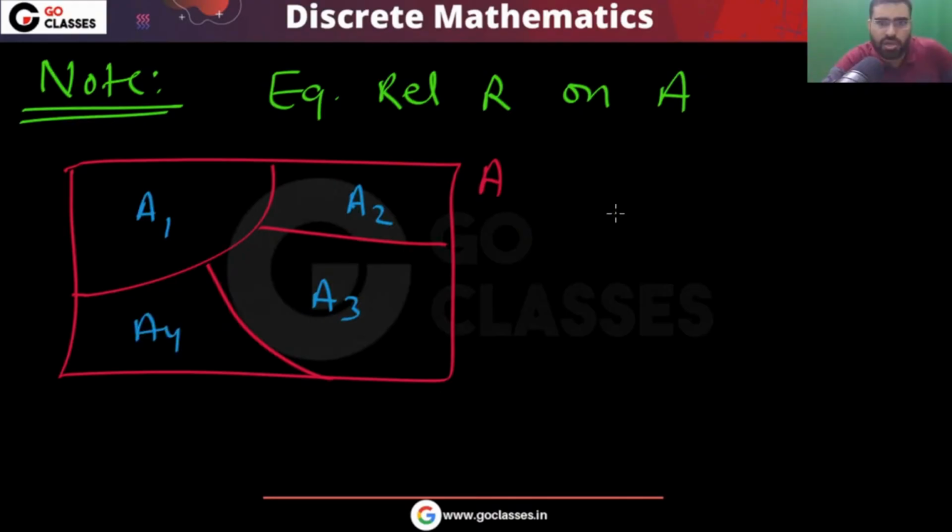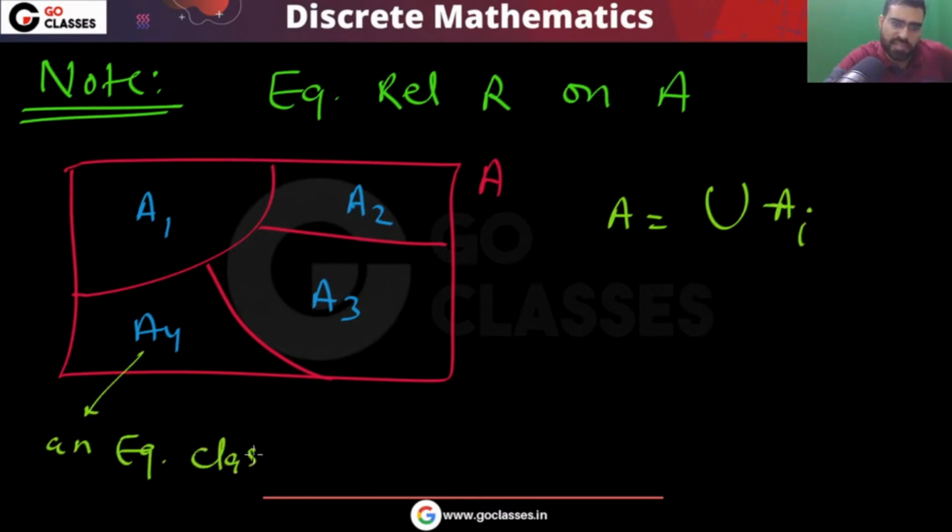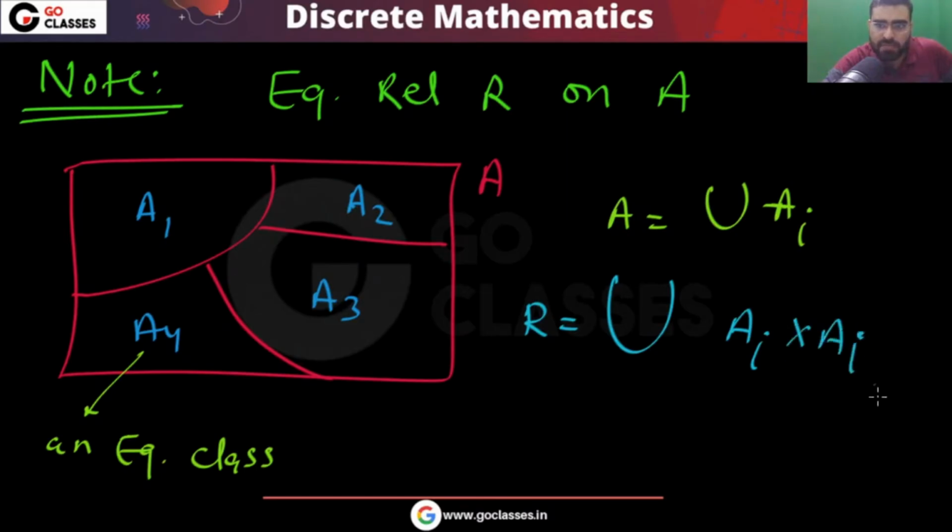In this situation, you can notice that A will be the union of all the Ai. Each Ai is an equivalence class. Now you can easily see that this R will be the union of Ai cross Ai. Yes or no?